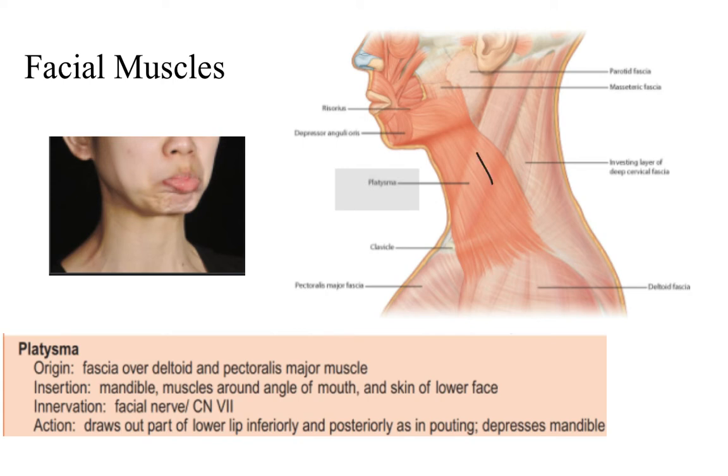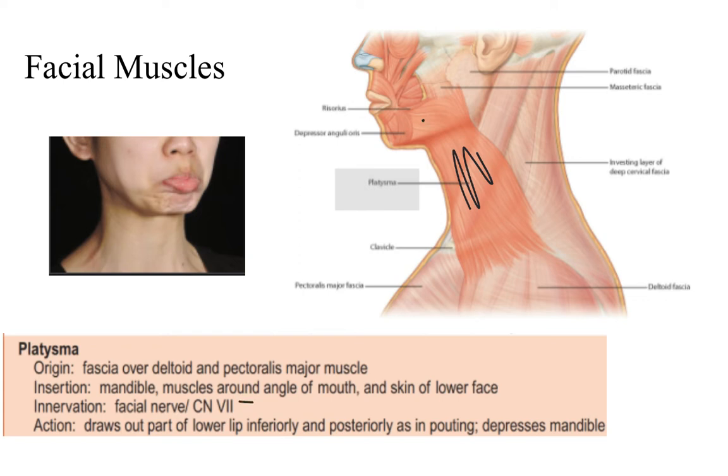And remember, that is a very thin, very superficial muscle within the fascia over the deltoid and pectoralis major, going up to the mandible, again supplied by the facial nerve.